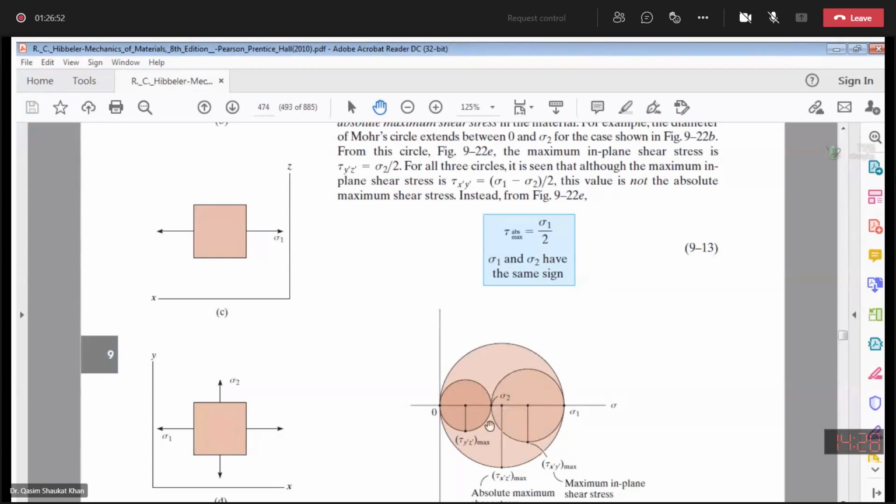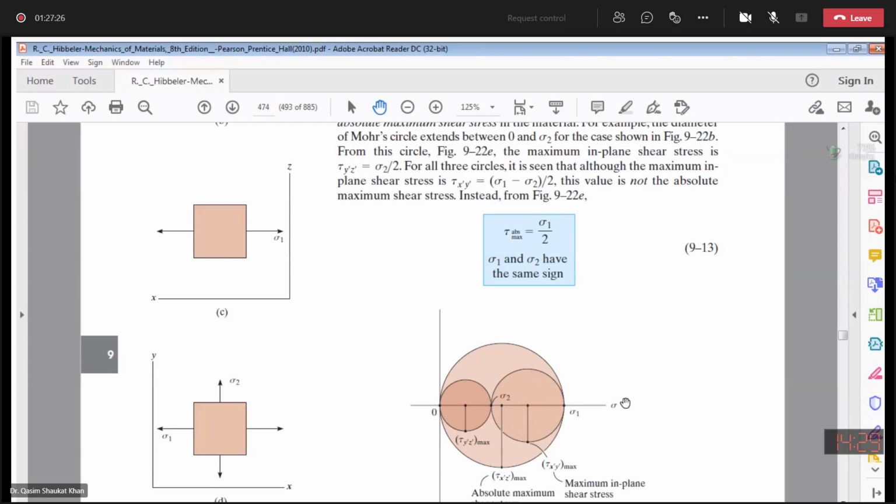So the maximum in-plane shear stress is the one which includes both sigma 1 and sigma 2. So this one, tau x dash y dash, will be your maximum in-plane shear stress, and this is your absolute maximum shear stress. Is this point clear?